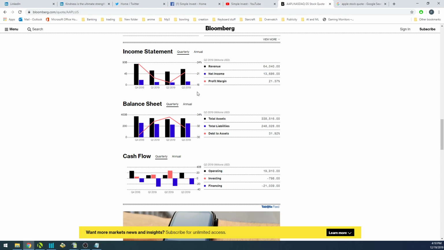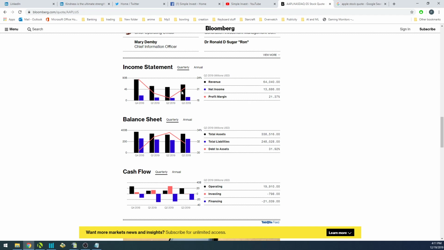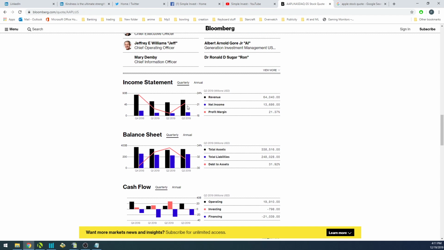And what's their profit margin? Profit margin obviously is important, but mainly we look at net income. I want to see if this company is earning money, so I'll judge based on their revenue and their net income. You can see that from Q4 2018 until Q3 this year, it seems like their revenue as well as their net income has dipped quite a bit.